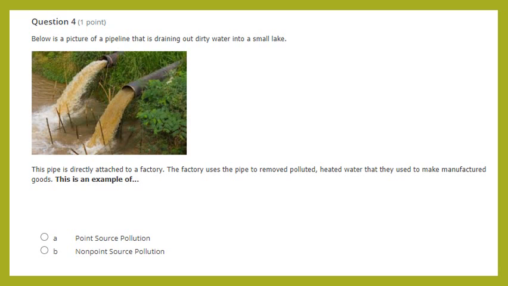So I can follow this pipeline directly to that specific factory. So is that an example of point source pollution or non-point source pollution? When I think of point source pollution, I think that you can point the blame at someone or something that is causing that pollution. Non-point source pollution, you can't point the finger or point the blame on a particular person or thing.